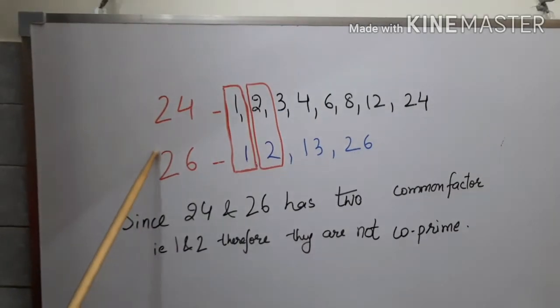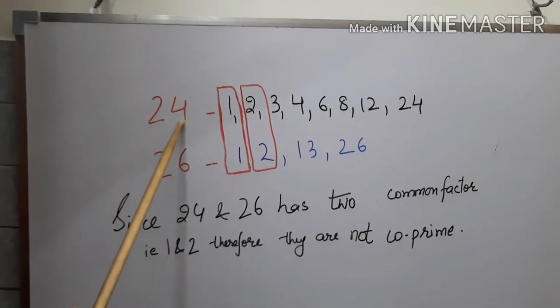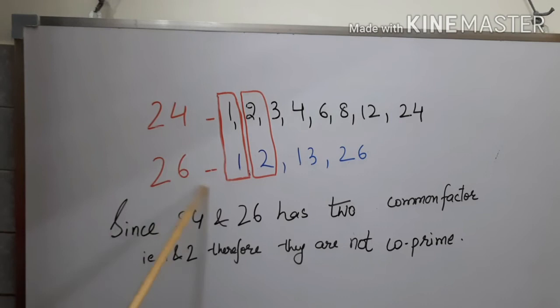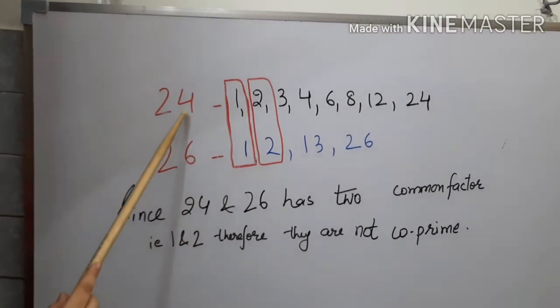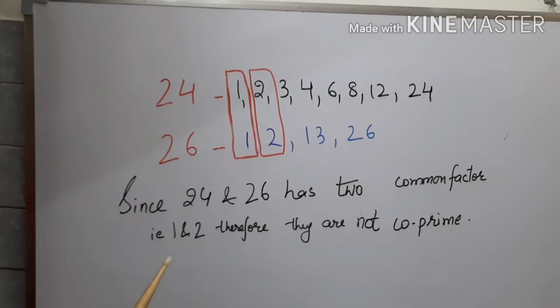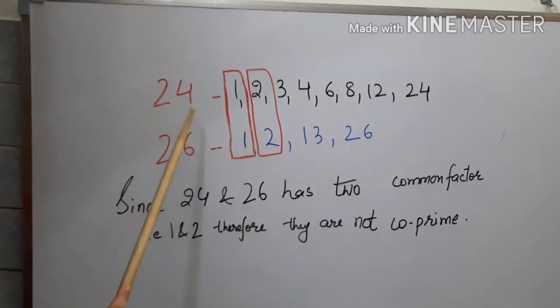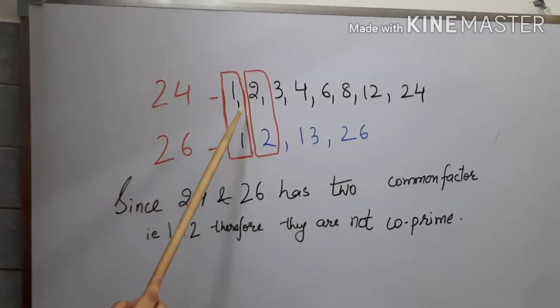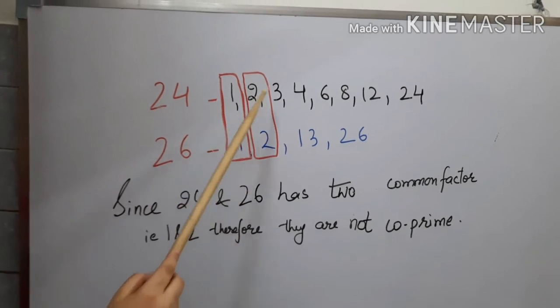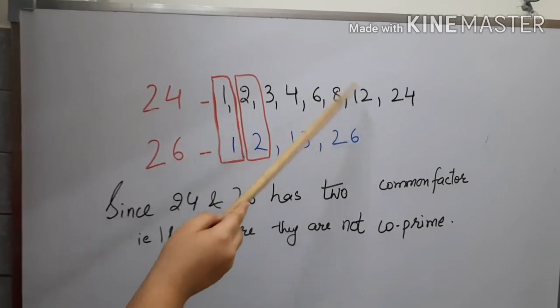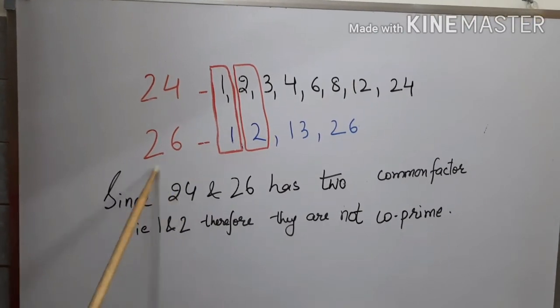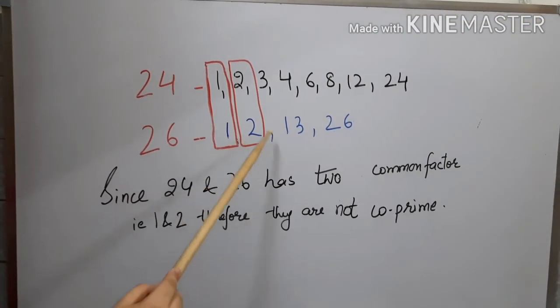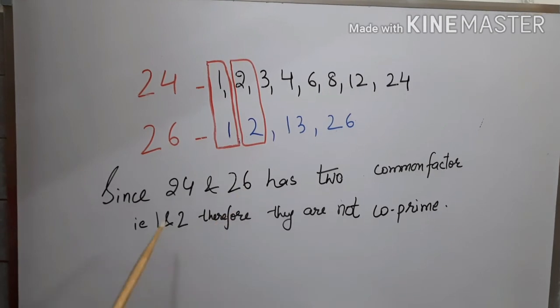Let us consider another example. I take 24 and 26. You notice both of these numbers are even numbers. So when I look at the factors of these numbers, the factors of 24 are 1, 2, 3, 4, 6, 8, 12 and 24, and the factors of 26 are 1, 2, 13 and 26.